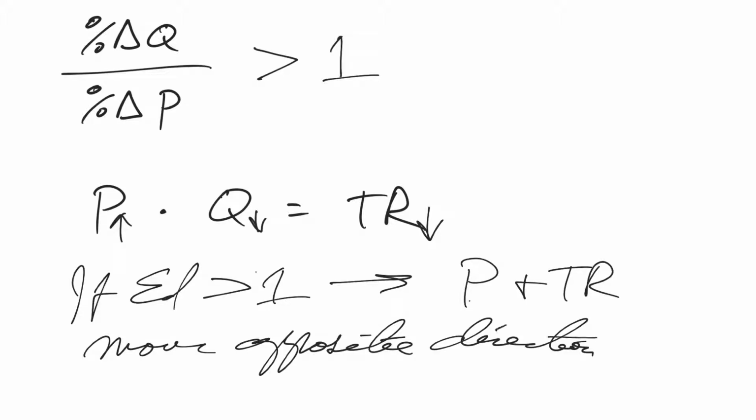Okay? It also means that if we observe that, say, prices go up and revenues go down, or prices go down and revenues go up, they're going different directions, what do we know about the price elasticity of demand? We know it must be an elastic good.